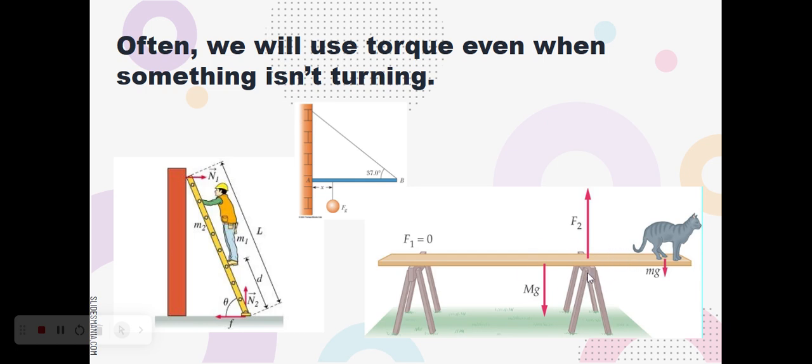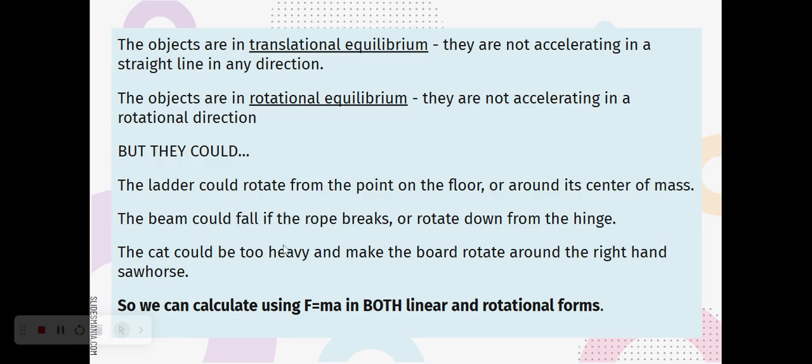It will rotate around this sawhorse. This, if we cut the string, could rotate. The ladder could rotate around the bottom there if I decided to come along and push it backwards. So we have lots of different things that can be considered rotational, even if they're not technically rotating.